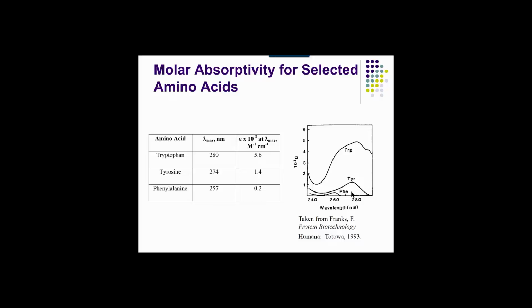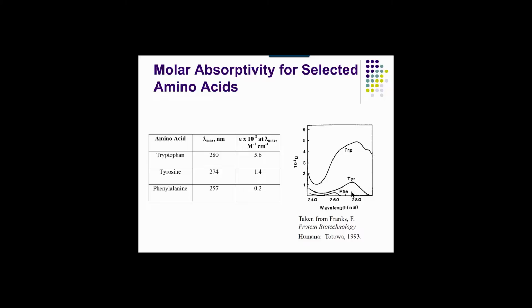So it might not surprise you that a simple quantitative assay used for many years to quantitate protein concentrations is based on knowing the primary amino acid sequence of the protein and determining how many of these aromatic amino acids you actually had.